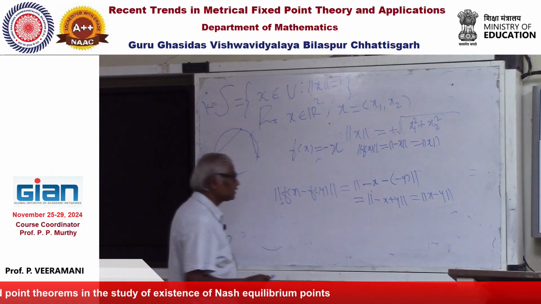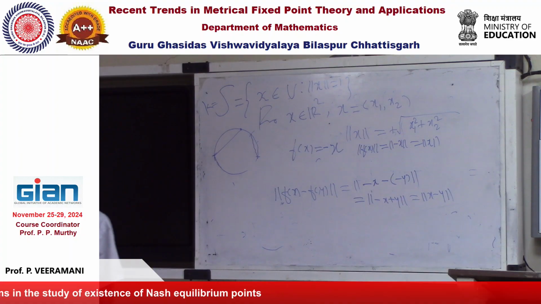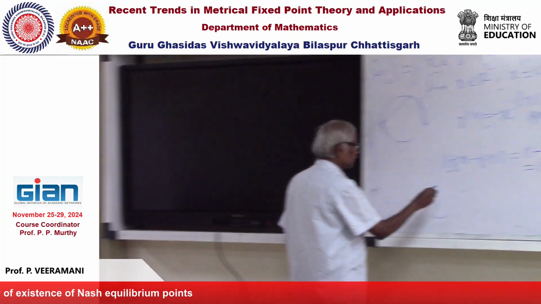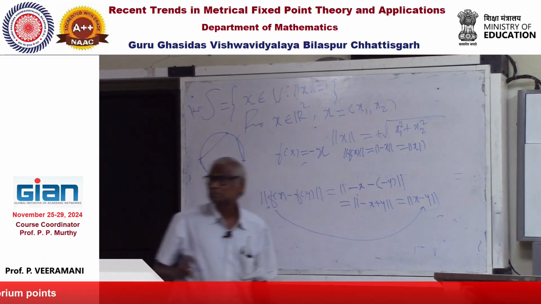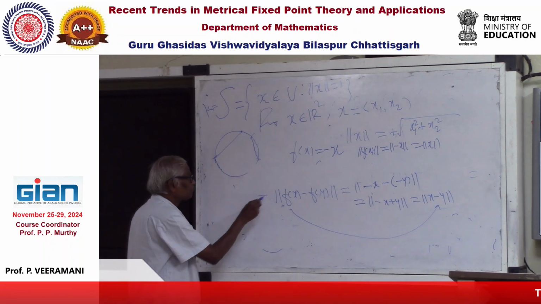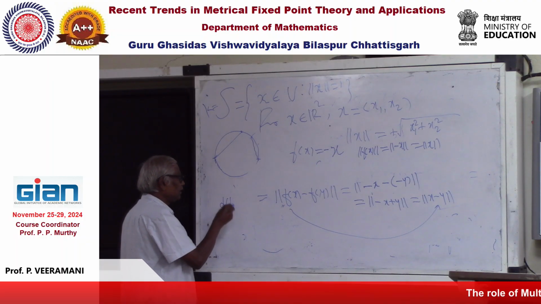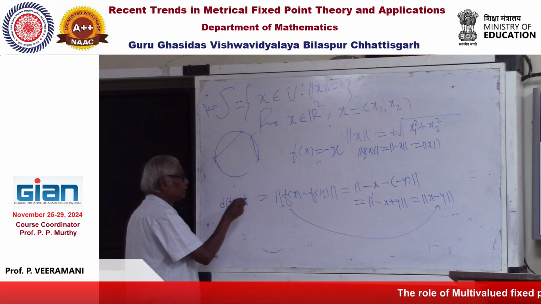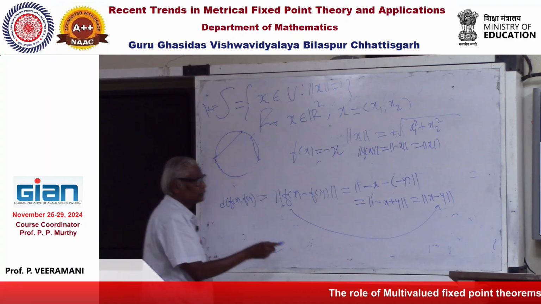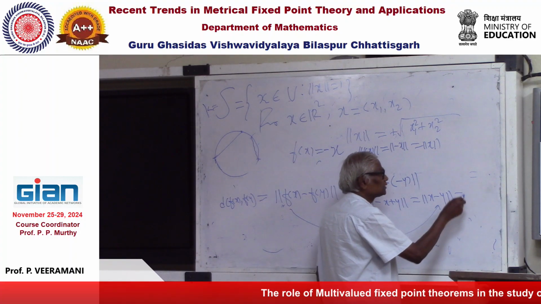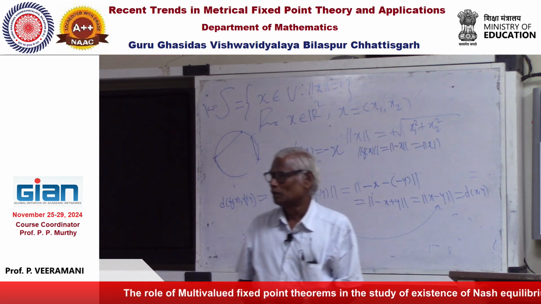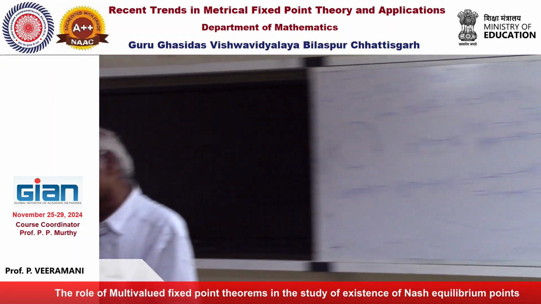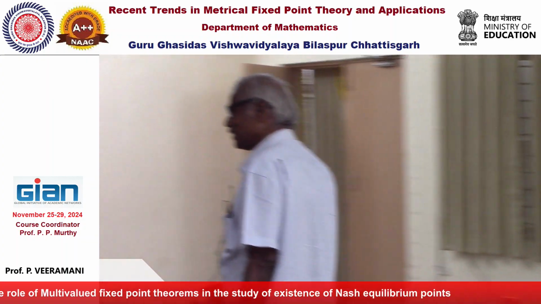In fact, this is an isometry. The distance between f x and f y equals the distance between x and y. Forget about continuity, it is very strong, it is a uniformly continuous isometry.